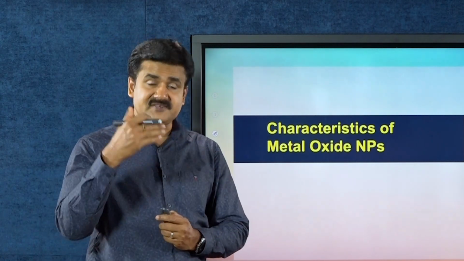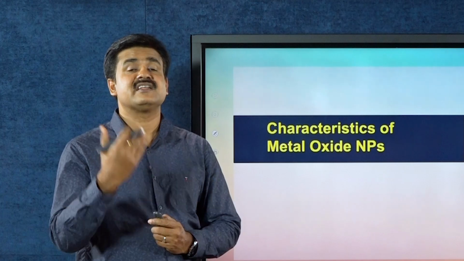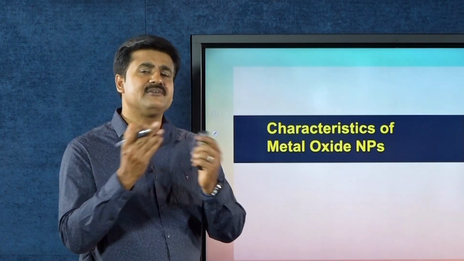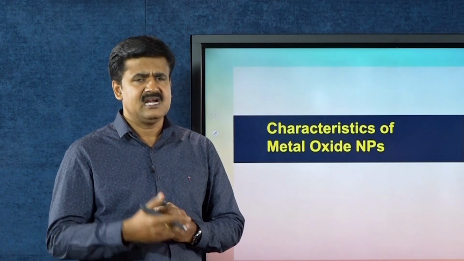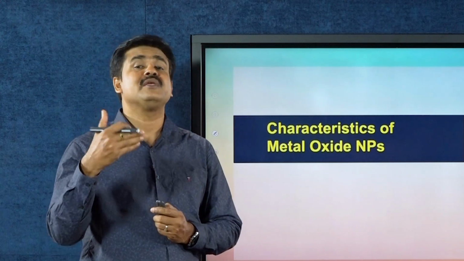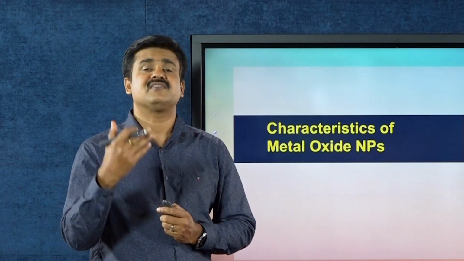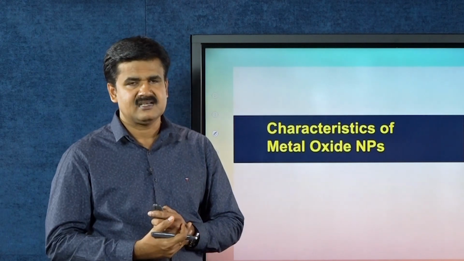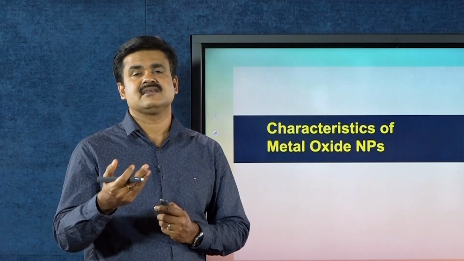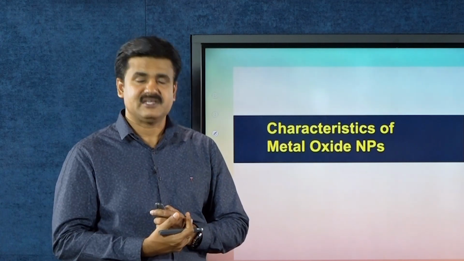The physicochemical properties of metal oxide nanoparticles are highly different from that of bulk material. This is owing to two important parameters. The first one is high surface area and the second one is the quantum confinement effect.